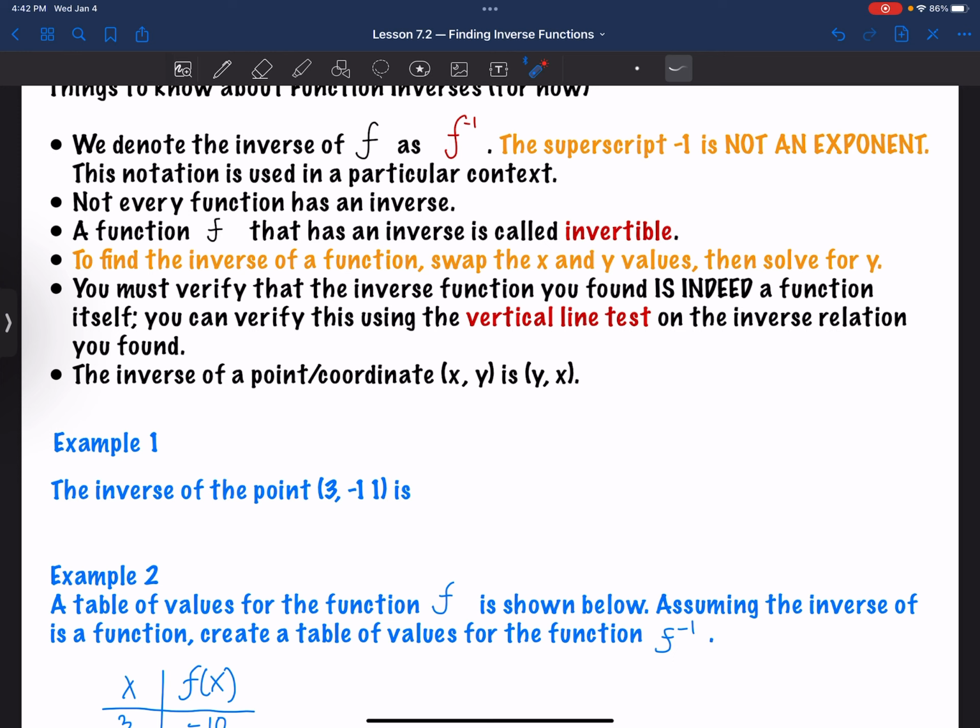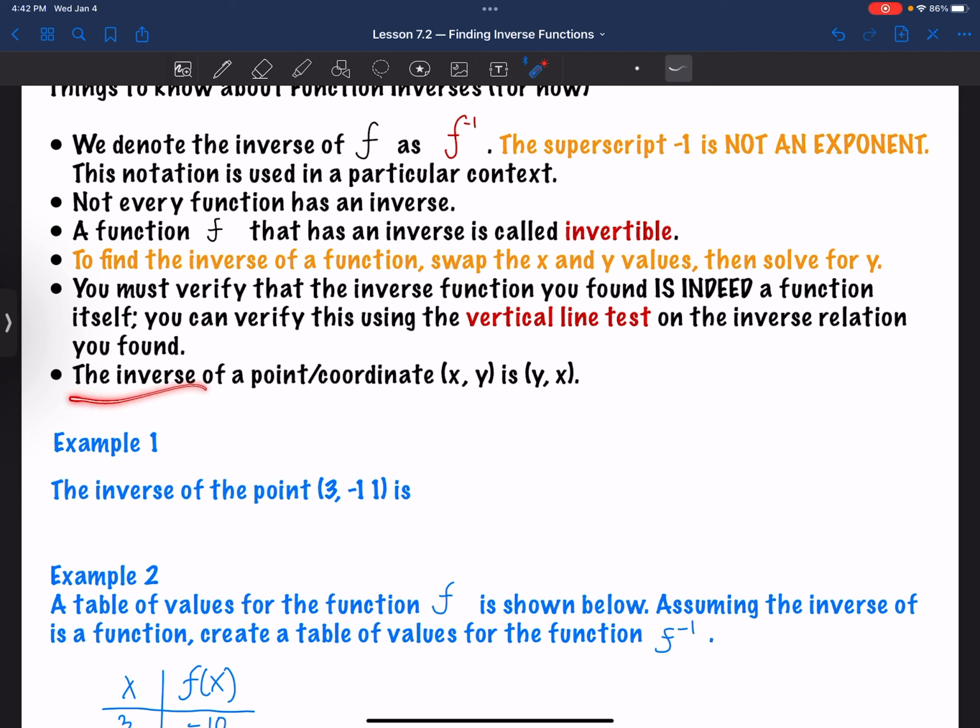If I have a graph that meets the vertical line more than once, that graph is not a function. So if I have something like this, which we might see, that's not a function because it fails the vertical line test.